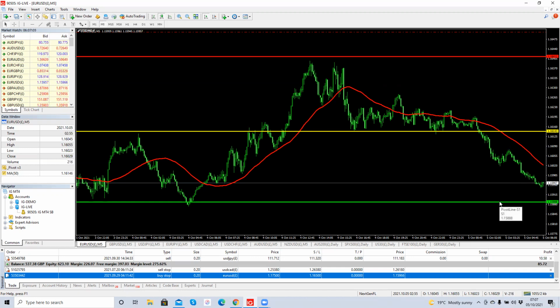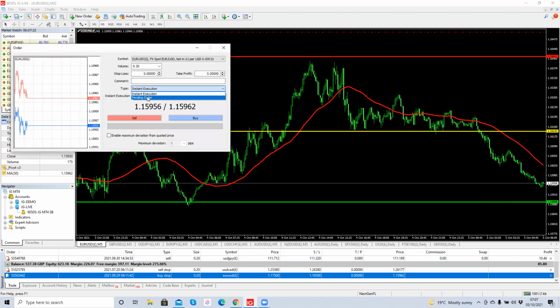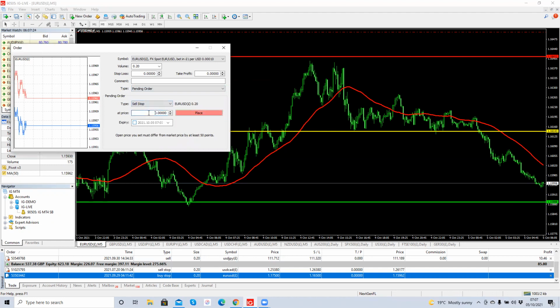So let me start. The S1 there is 1.15888. I'll just round that up to 1.1589. So to sell, 2 pips below that, that should be 1.1587. That's 2 pips below that.